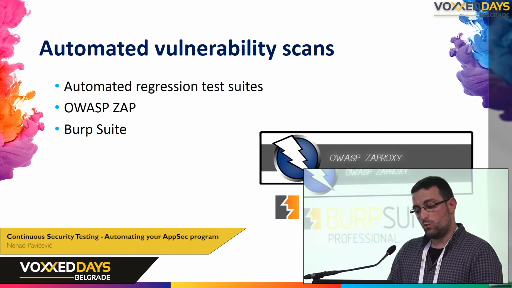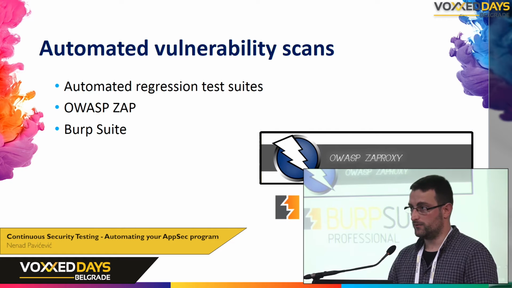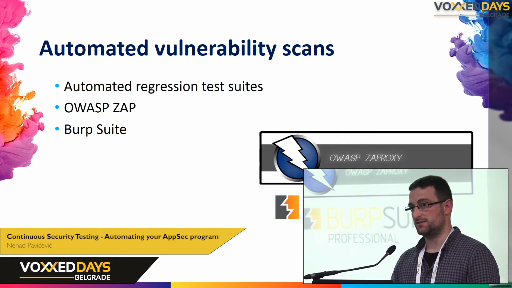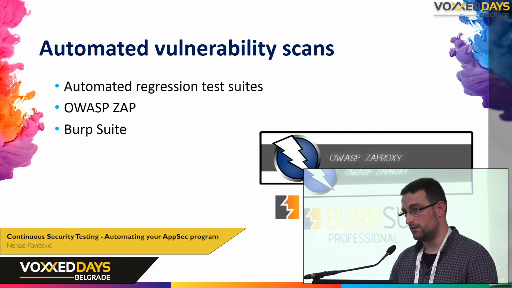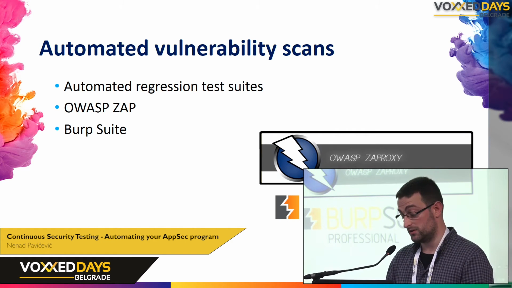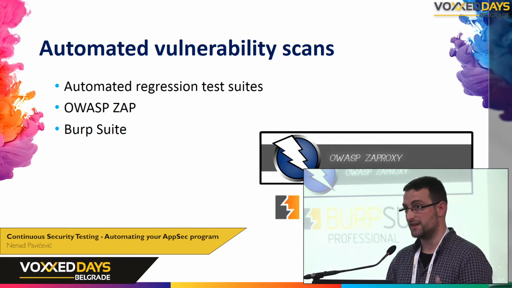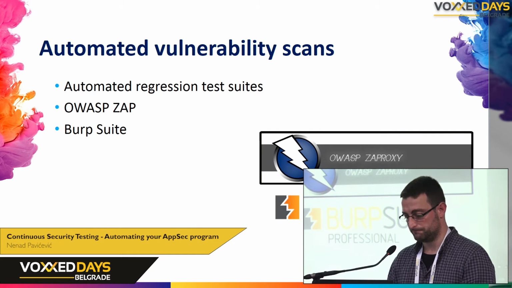So we thought, why not use what we already have? And we do have a lot of automated regression test suites that teams working on our projects have already built. Why not use that as a crawler instead of using the crawl within the scanner? This would be the best thing, because a crawler doesn't necessarily discover every resource you have on your application.